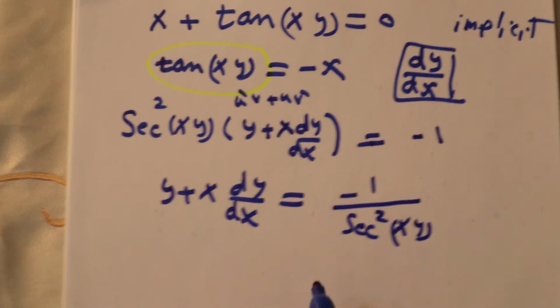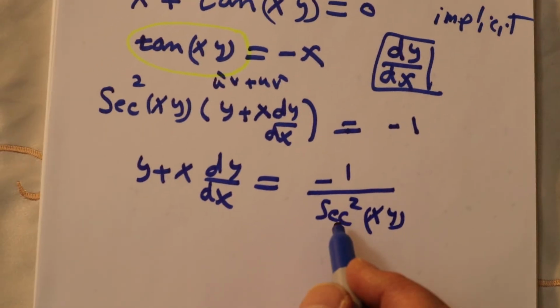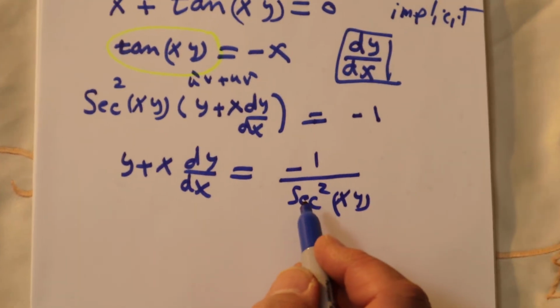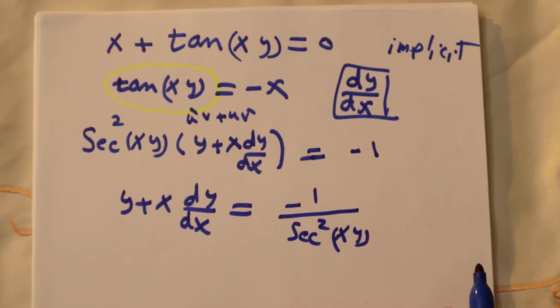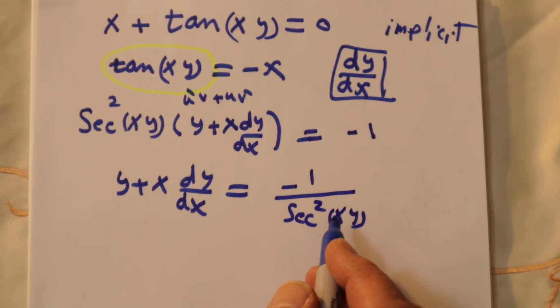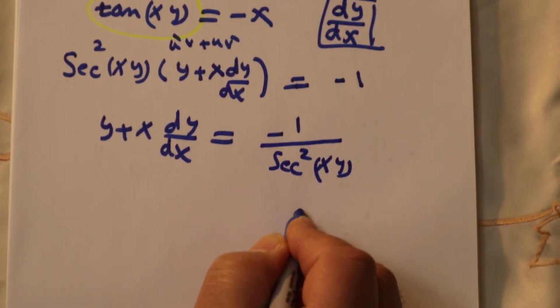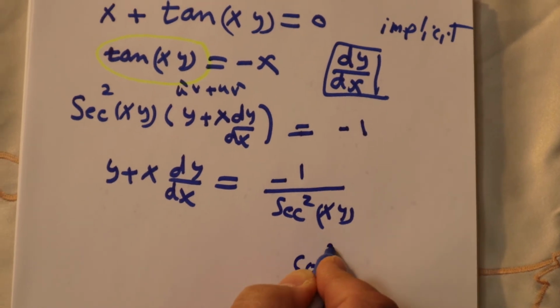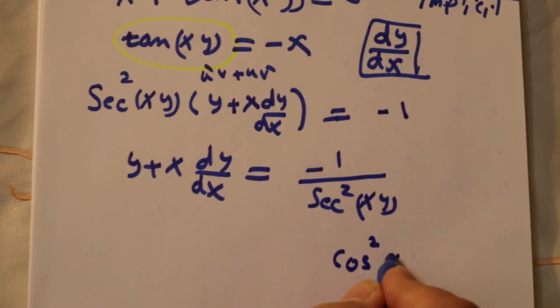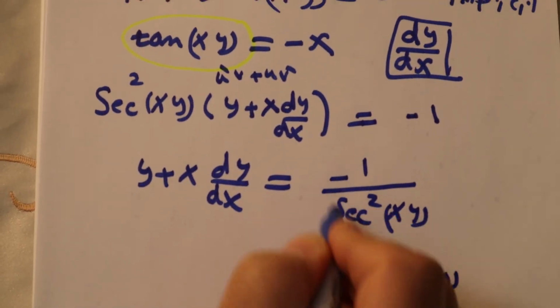And I guess you know what the reciprocal of secant square is? Reciprocal of secant, it will be what? I hear you, cosine. Then 1 over secant square will be cosine square of xy. And you have negative here.